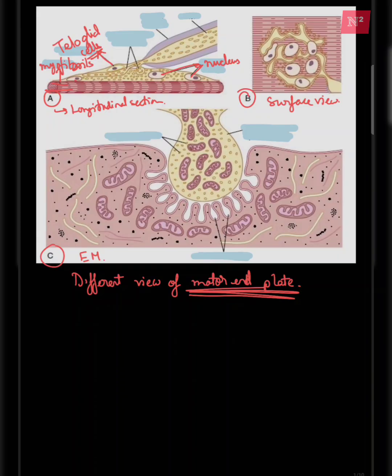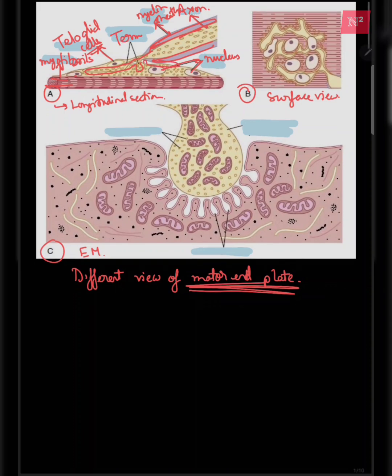Now this over here is showing you the end of the axon. Usually if a myelinated nerve is there, we have a layer of myelin sheath. So this is nothing but a myelin sheath, and this is nothing but the terminal portion of the nerve.